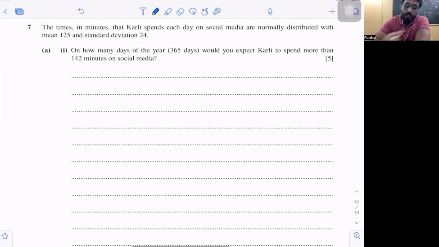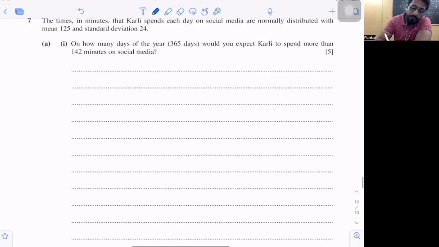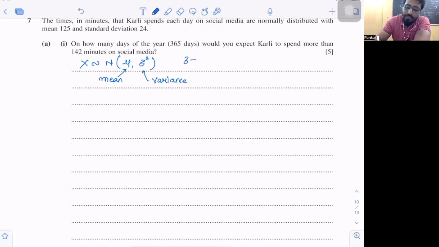So X represents a normal distribution. How do you give the parameters? Do you recall that the parameters are given by mu and sigma square? Mu is called the mean, sigma square is the variance, and sigma is the standard deviation. I hope you are pretty clear with the terminologies over here.